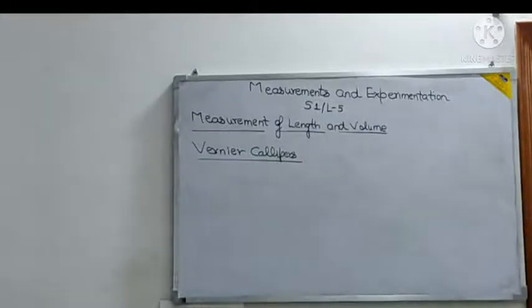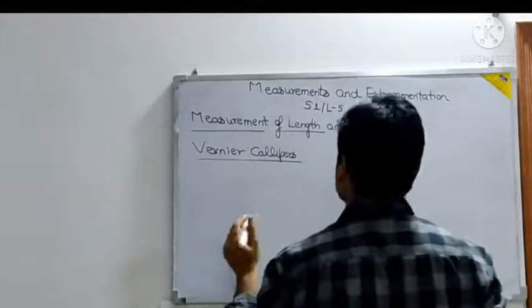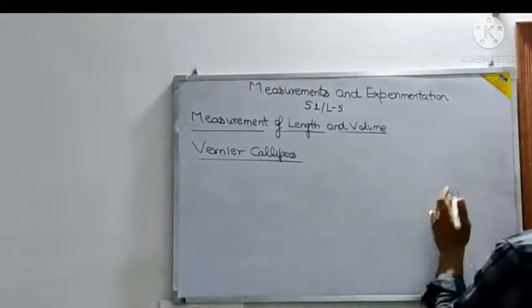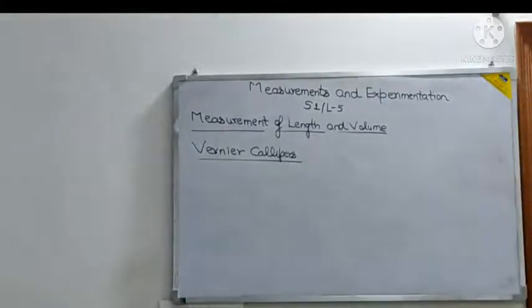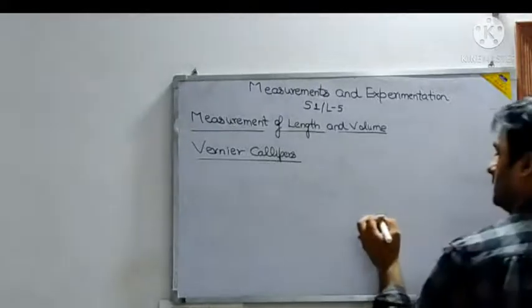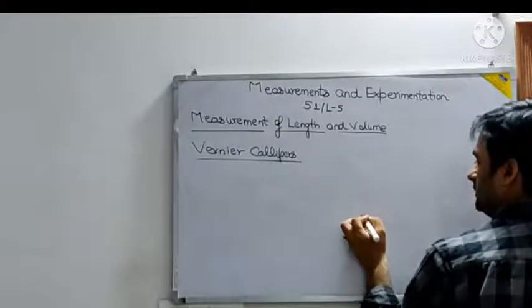Now see, the different parts of it are there. I will draw the vernier caliper on the right hand side. It might take time, but I will try to draw the diagram there.